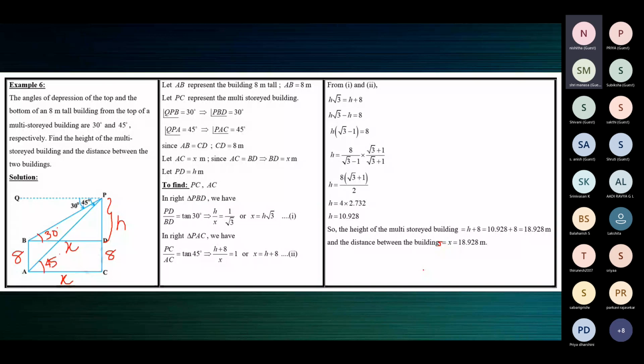So write both as x is equal to some expression and equate. Yes, children, any questions anywhere?